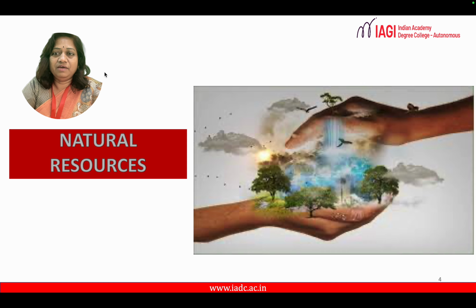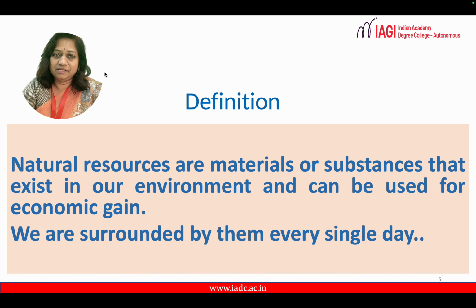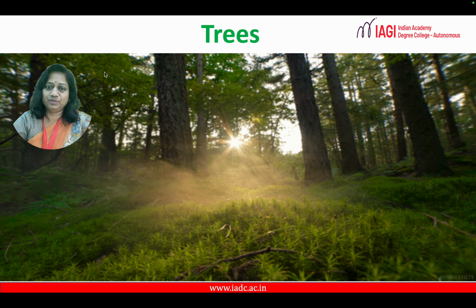So today we have come to the heart of the topic, that is natural resources. Let's see how we can define natural resources. It is very simple, students. Any substance, any material which exists in our environment and which can be used for our economic gain is called a natural resource. Every day we are surrounded by natural resources.